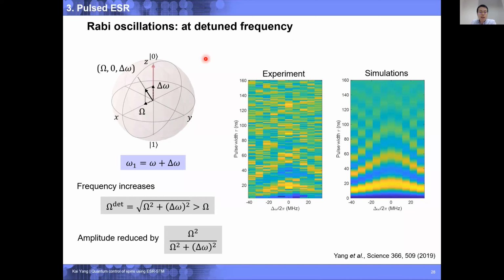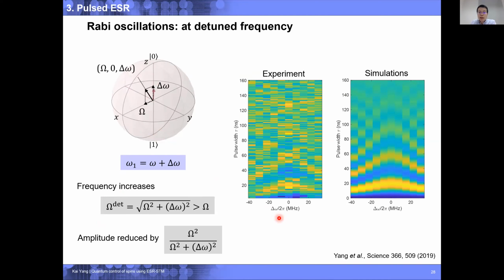So for this condition, the spin will experience an additional field along the z-axis in the rotating frame. As a result, the spin will have a larger Rabi frequency, but the oscillation amplitude will be reduced, because now the spin will oscillate around this axis and it cannot reach the south pole anymore.